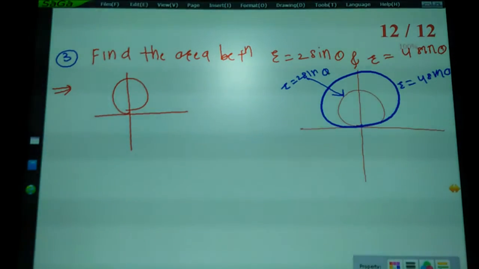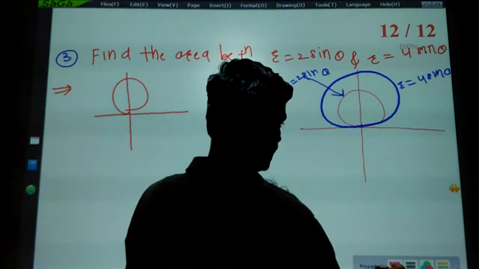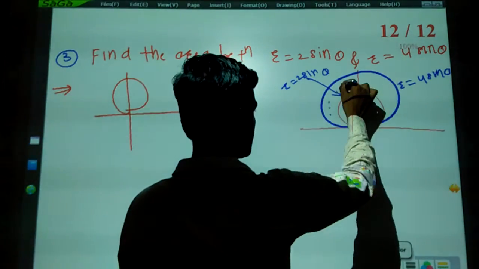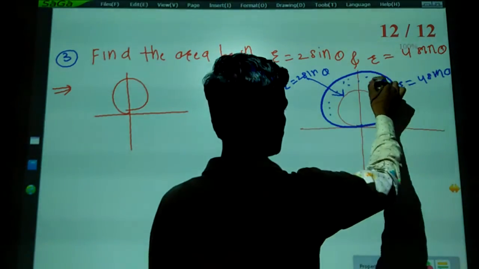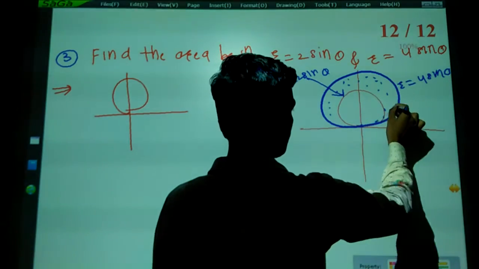Here we need the area between them. Okay, so area between them is the common part, this is the common part.